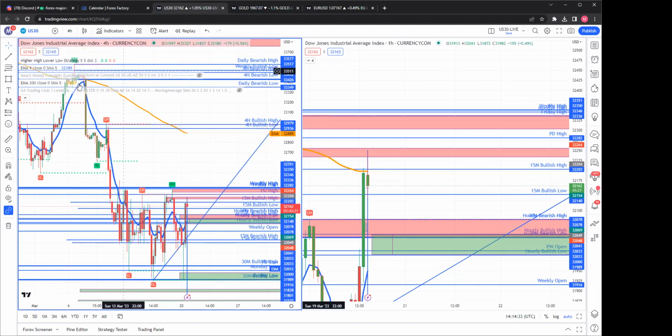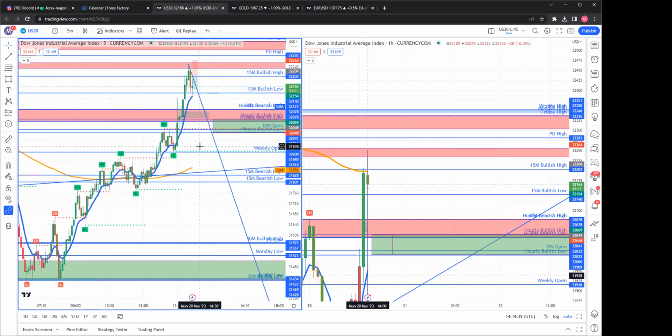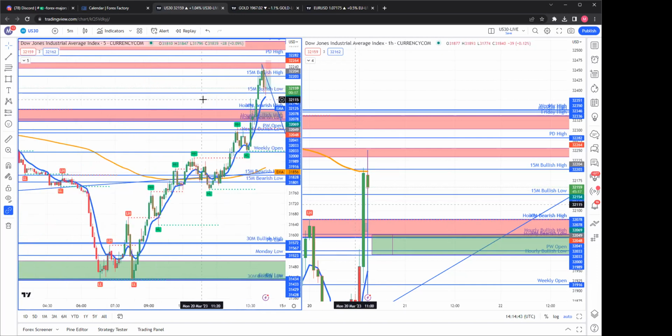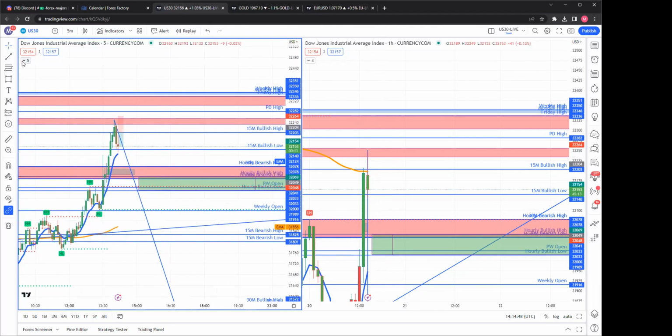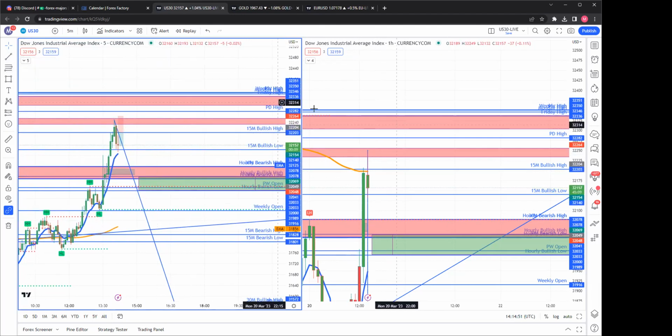So for me, I advise people to learn how to draw them manually. There's a ton of YouTube tutorials on how to identify and draw order blocks. But if you're still learning, you can use the Smart Money Concepts indicator by Lux Algo, and that can help you. But for me, for any time frame, I only have 2 bearish highs and 2 bearish lows.